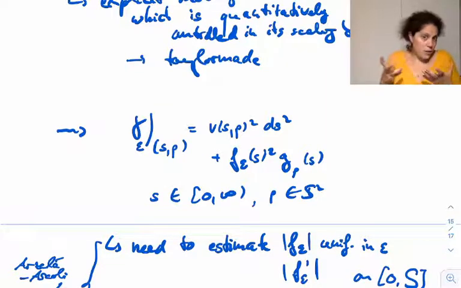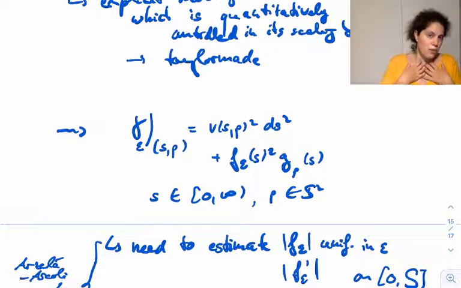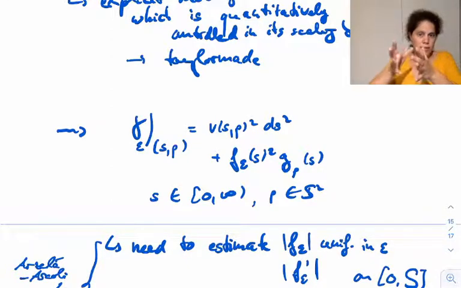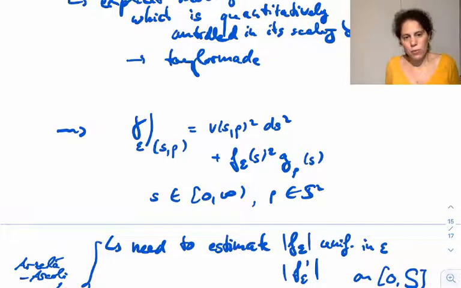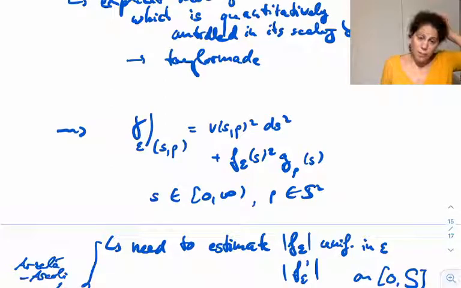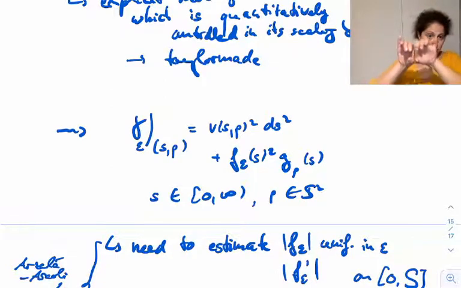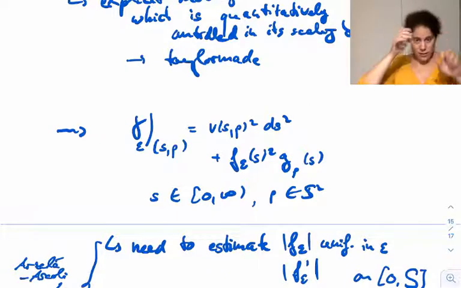So the only thing we needed to control is this radial profile, everything else didn't depend on epsilon. And so the limit metric has the same almost warped product shape with the same function v and the same metric g of s on S2 for fixed s.